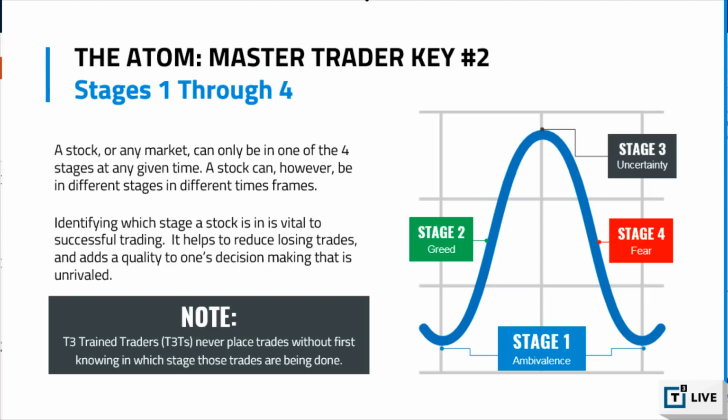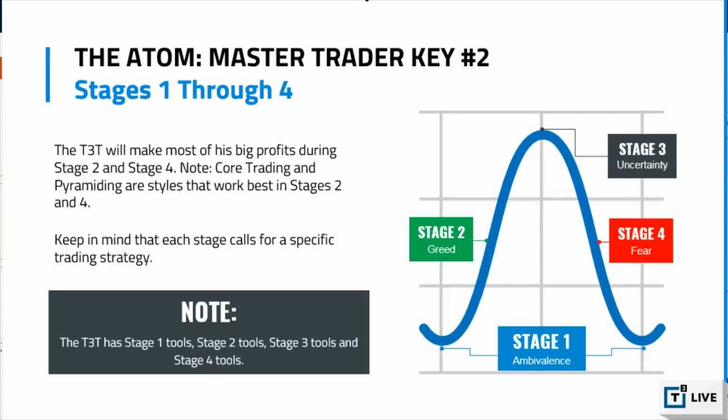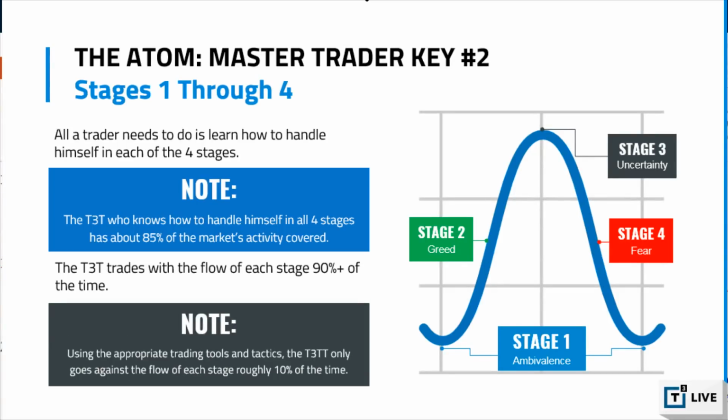It helps to reduce losing trades and adds a quality to one's decision making that is unrivaled. The T3TT never places trades without first knowing which stage those trades are being done in. Remember that. All the trader needs to do is learn how to handle himself in each of the 4 stages.